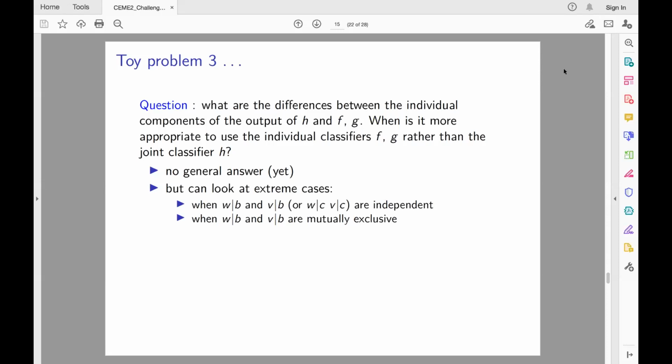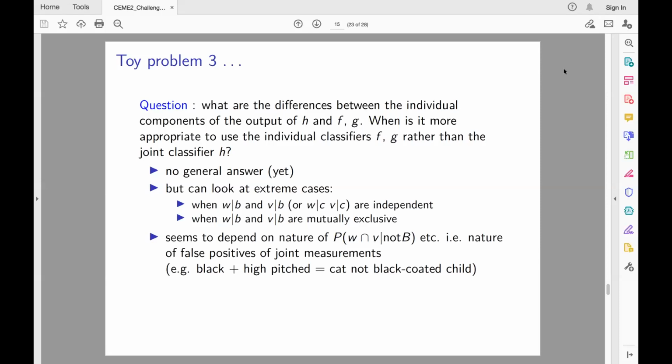We can look at when the conditional probabilities are independent and start to work out what the differences are there. We can also look at when they're mutually exclusive. And I think we found there that we get some expressions that don't make sense at all. So that's also something to look into.